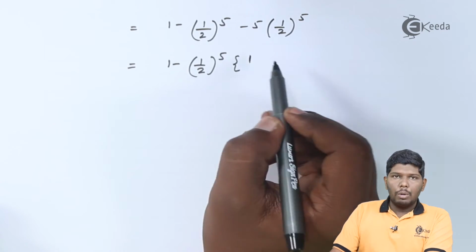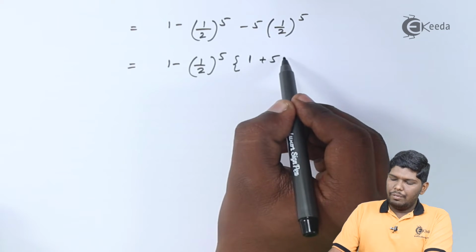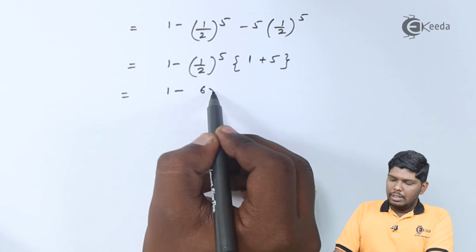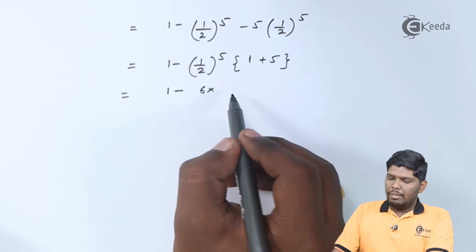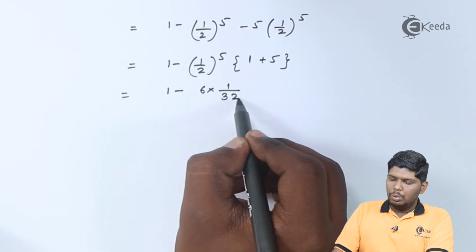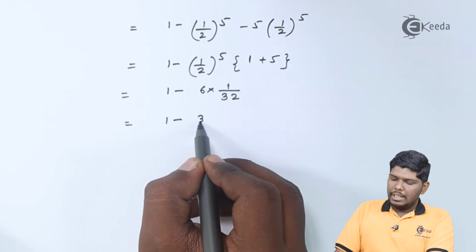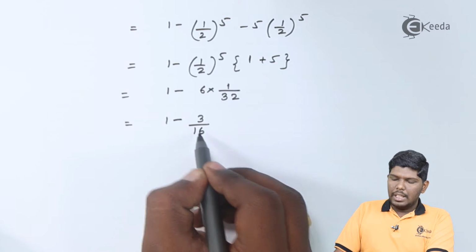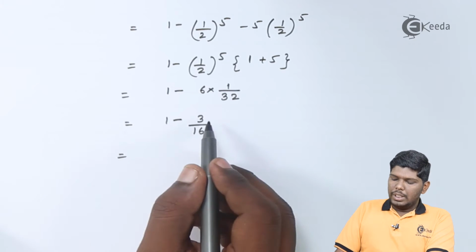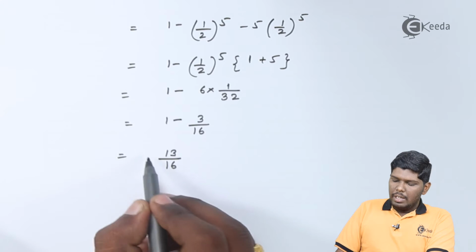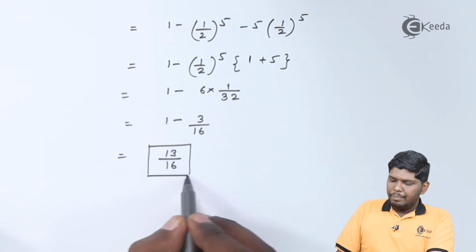That will give you 1 from the first part and plus 5 from the second part. 1 plus 5 will give you 6. And 1 by 2 raised to 5 will give you 1 upon 32. That is, 2 3s are 6 and 2 16s are 32. So 1 minus 3 by 16, that is 16 minus 3, will give you 13 upon 16. This is the required probability.